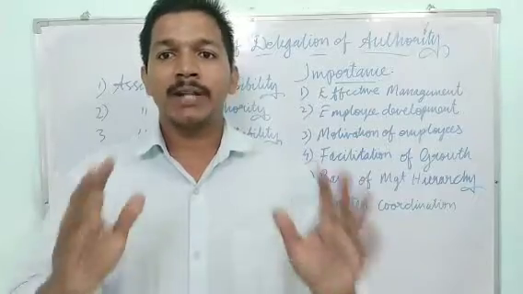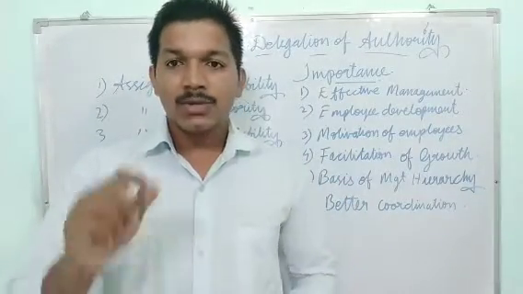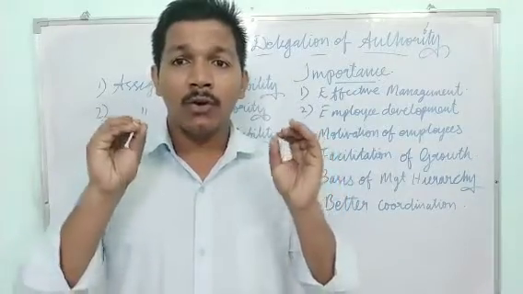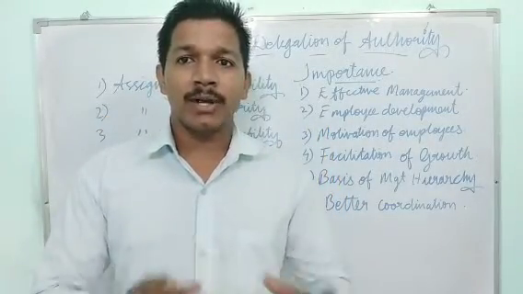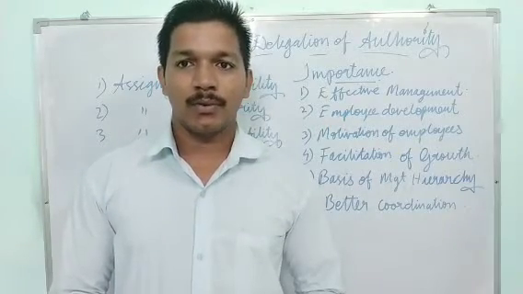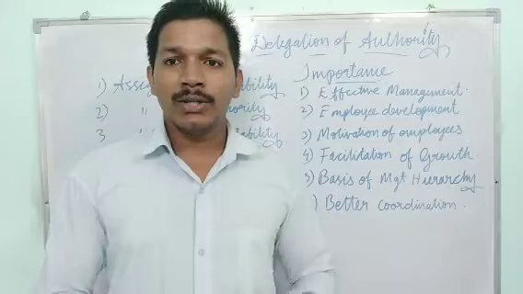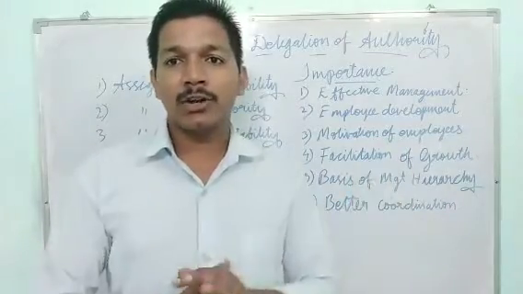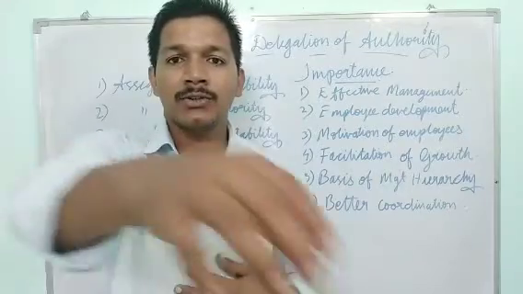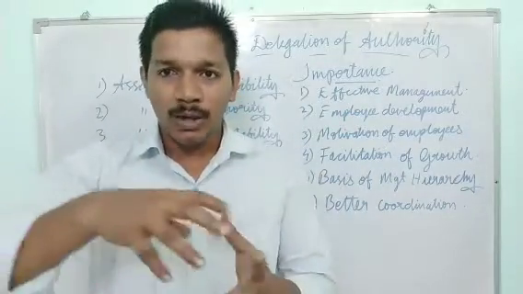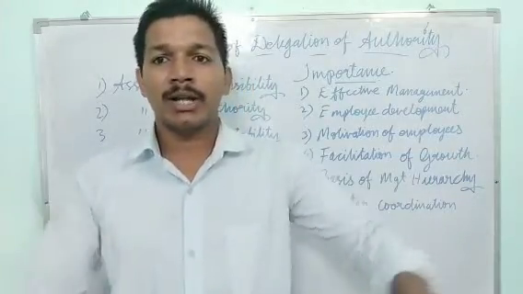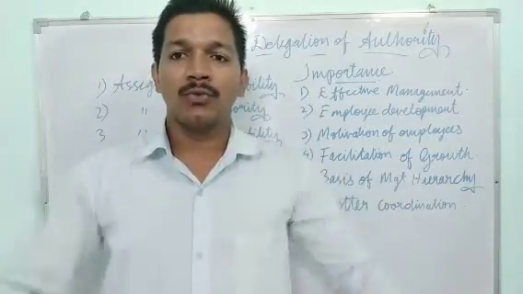If I have 10 works to do, and I handle all 10 jobs by myself, I may not be able to perform all of them. So I will select 6 jobs to keep for myself, and the remaining 4 jobs I will delegate. One job I hand over to one member, another job to another member, like that. 4 jobs are handed over to 4 members.